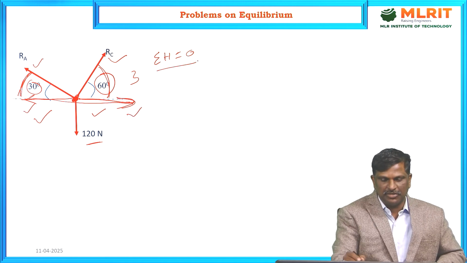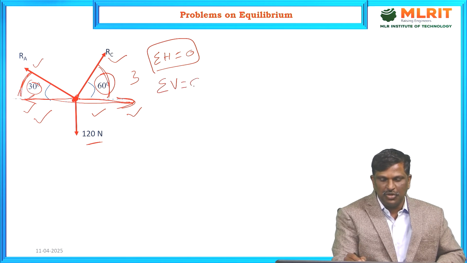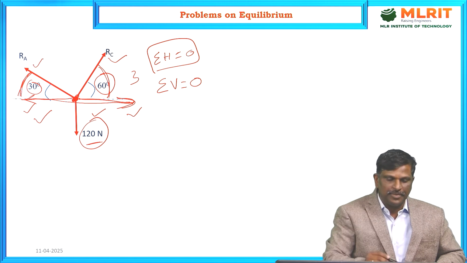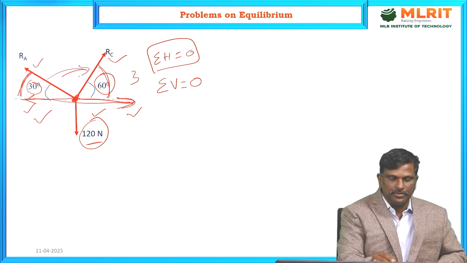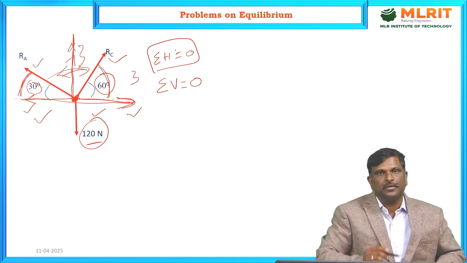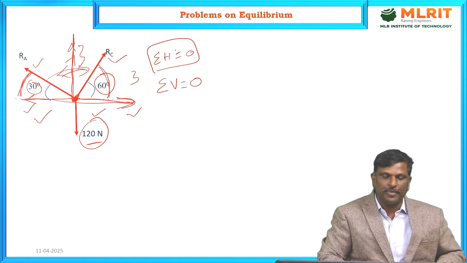So sigma H equal to 0 is one equation. Another equation is sigma V equal to 0. We have downward 120 newtons weight and it is balanced by the sum of two vertical components of RA and RC. So by using equilibrium equations or by using Lami's equation, we can solve the problem.